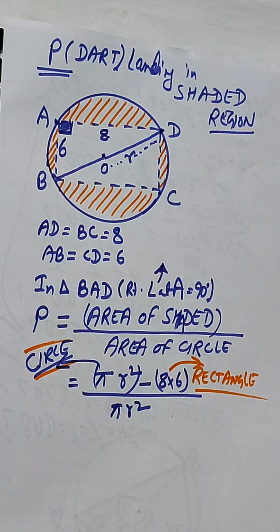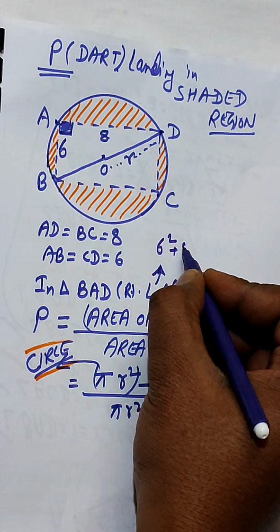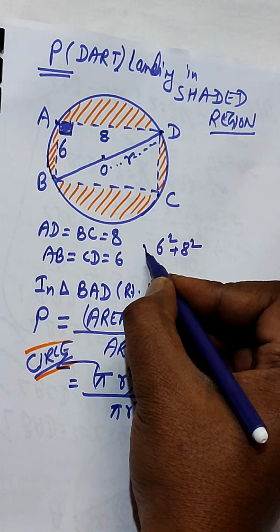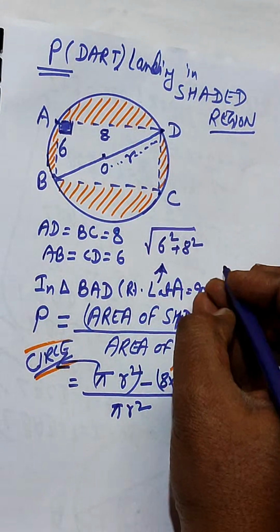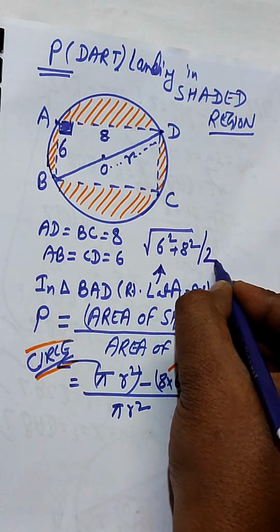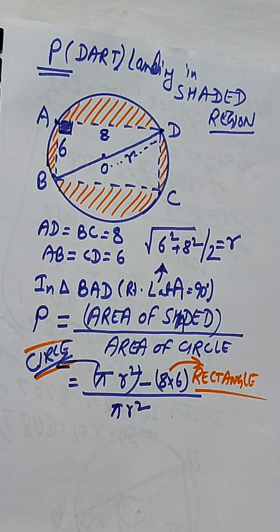That is the diameter. So we are writing 6 square plus 8 square, and when we are taking root over of that, that will give you the length of BD, and when this will be divided by 2, this will give you the value of R, right?